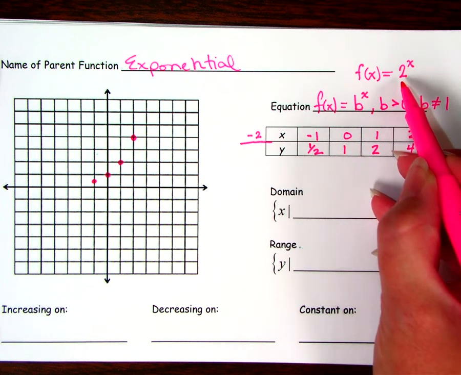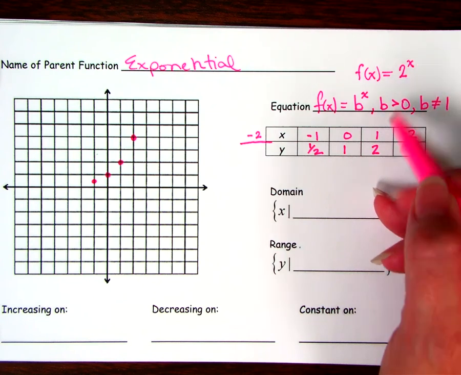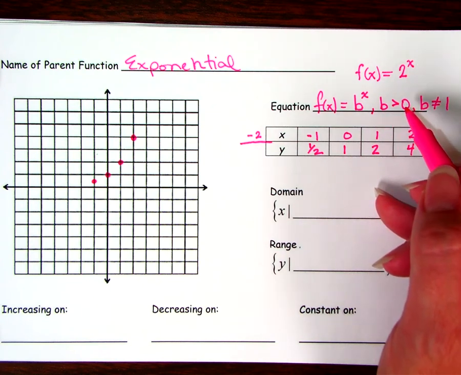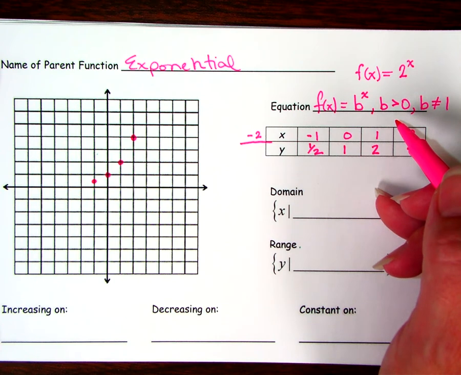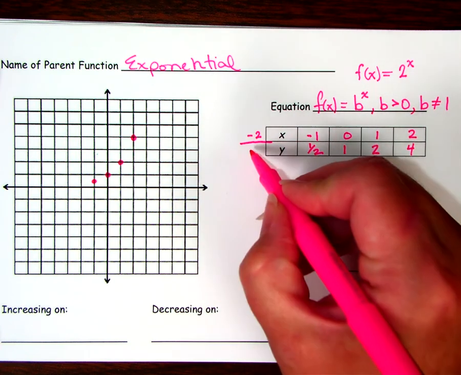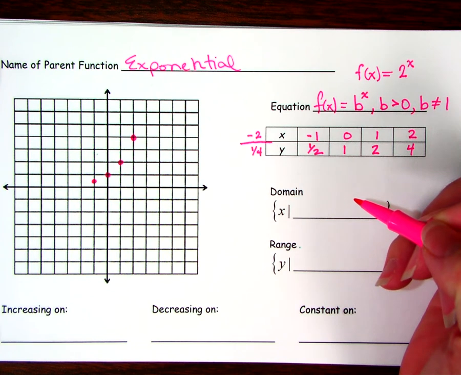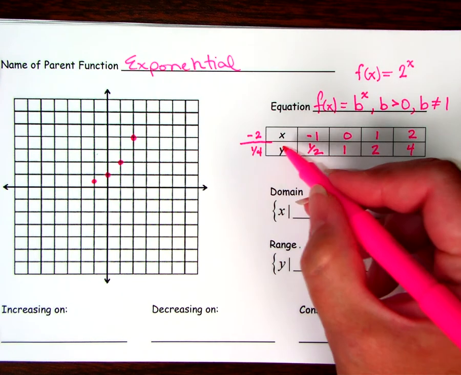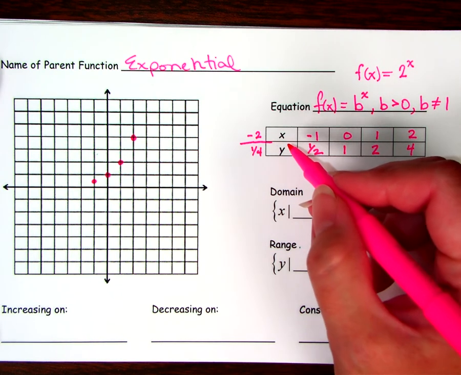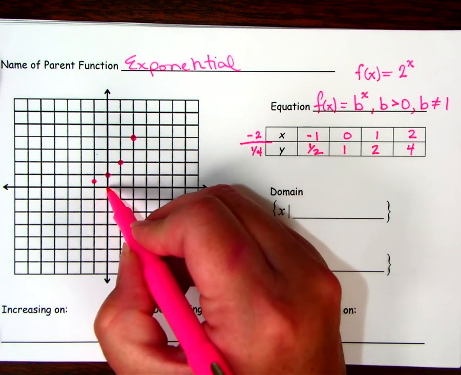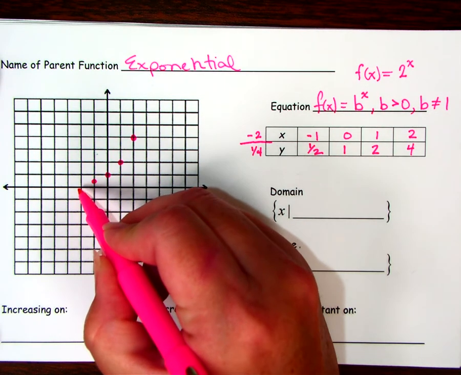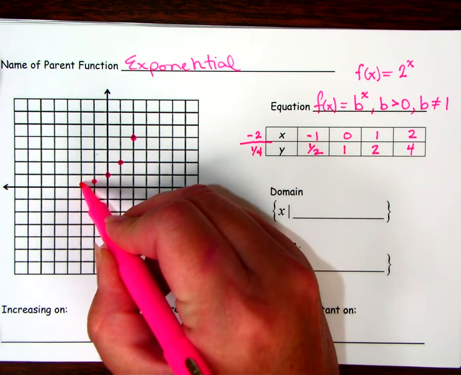So the reciprocal of 2 is 1/2, and then raise that to that positive power. That would be 1/2 to the second power, which means 1/2 times 1/2, which is 1/4. So this point would be -2, 1/4. We'll go ahead and plot that and see if we get an idea about what's happening. Start at the origin, go to the left 2, and up 1/4.